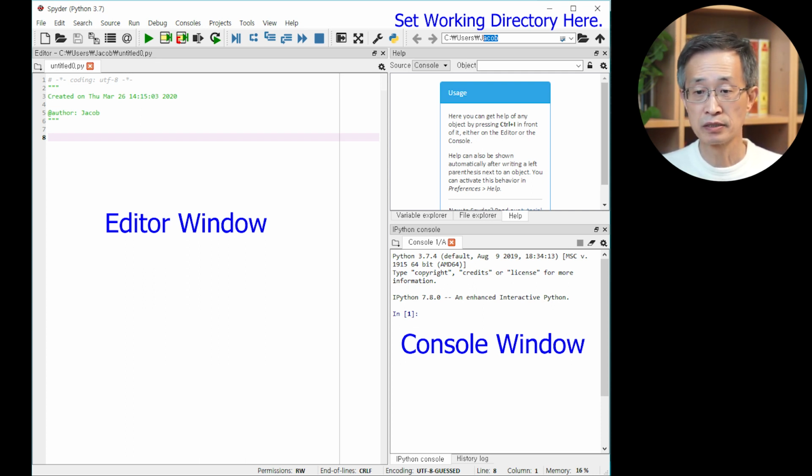And there are many icons here, but basically what we need as a beginner is the run button, which runs from the beginning to the end whatever code is written or included in the editor window. This is the editor window.